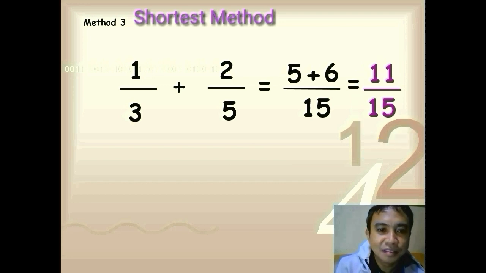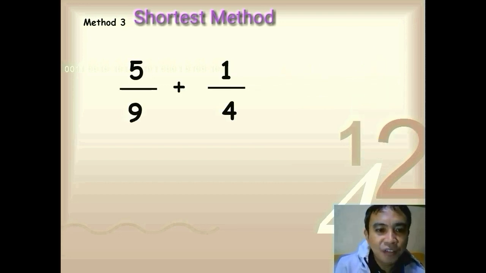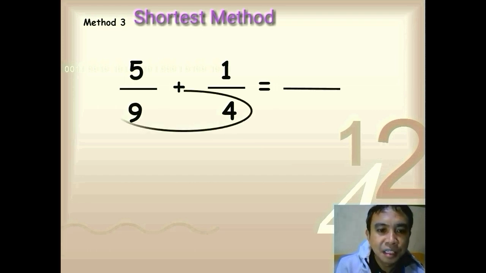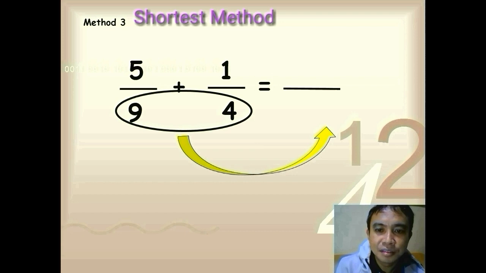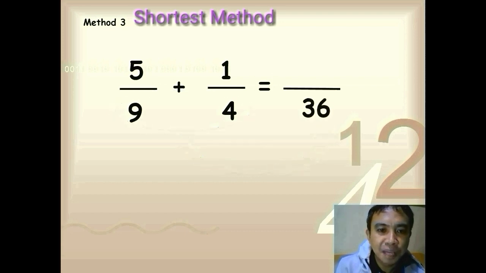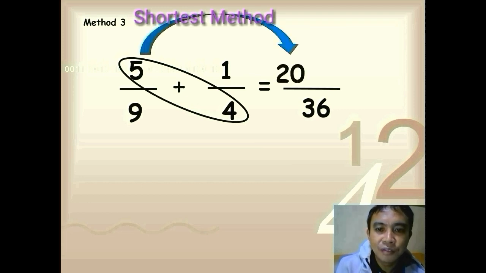Next example. 5 over 9 plus 1/4. So how do we add? Again, step 1. Multiply the two denominators. 9 times 4, we have 36. Cross multiply the first pair. 5 times 4, we have 20.